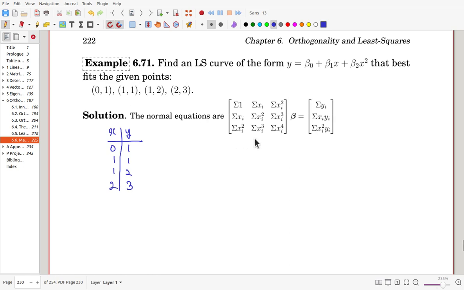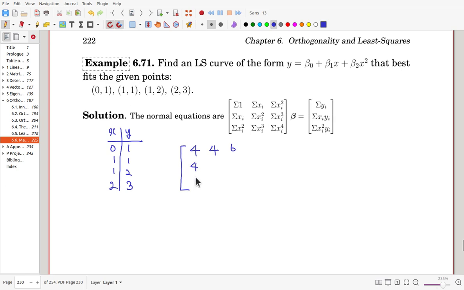Now we have to make these normal equations, the 3 by 3 matrix. The summation of 1 must be 4, since there are 4 points. Now the summation of xi, which is 4. Now the summation of xi squared: 0, 1, 1, 4, so that is 6.